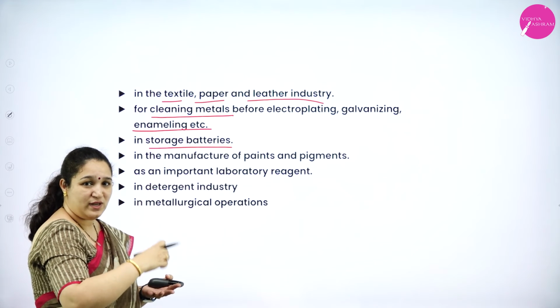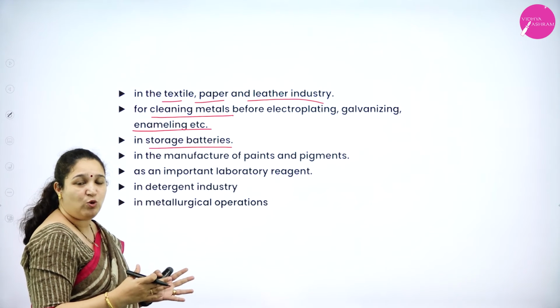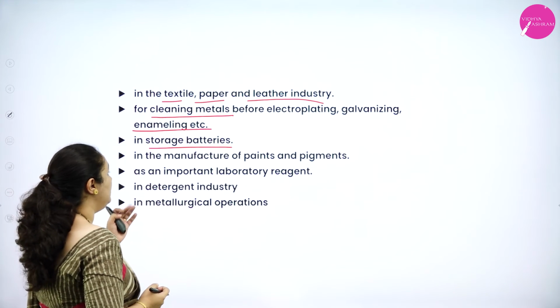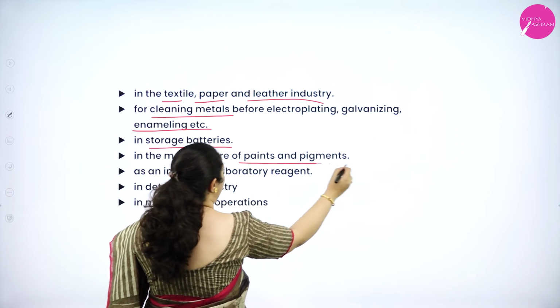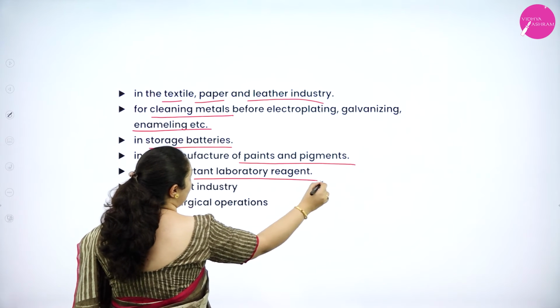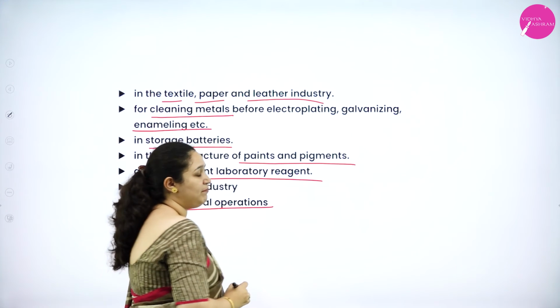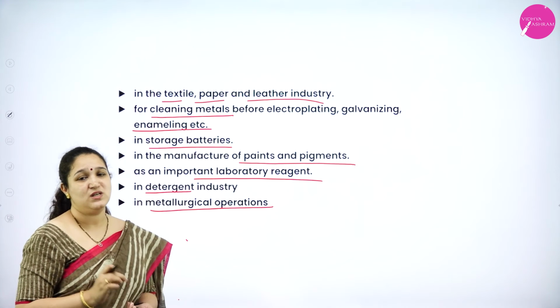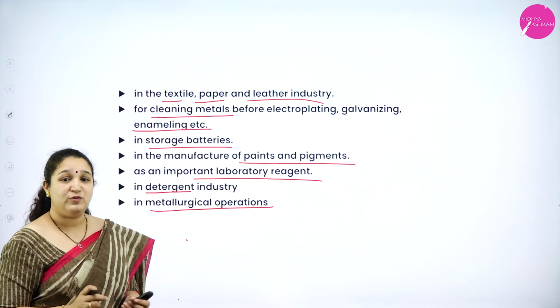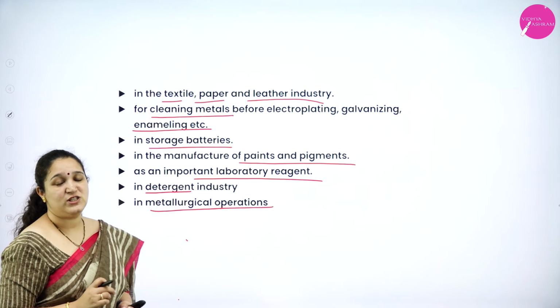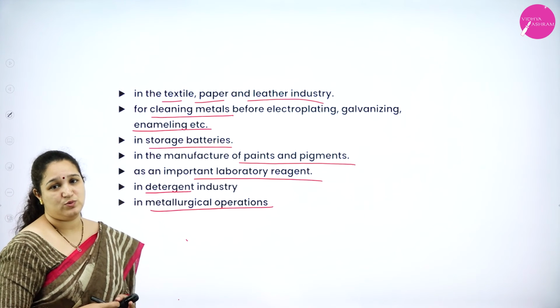We know that the storage batteries in UPS at home contain sulfuric acid, but it is dilute sulfuric acid. It's also used in manufacture of paints and pigments. It is a very important laboratory reagent, in the detergent industry as well as in metallurgical processes. So sulfuric acid is a very important chemical which has lots of uses.